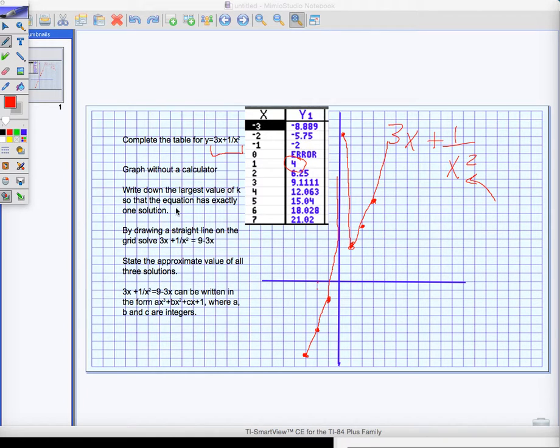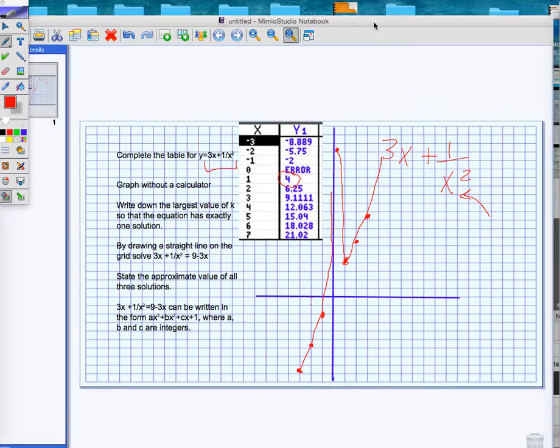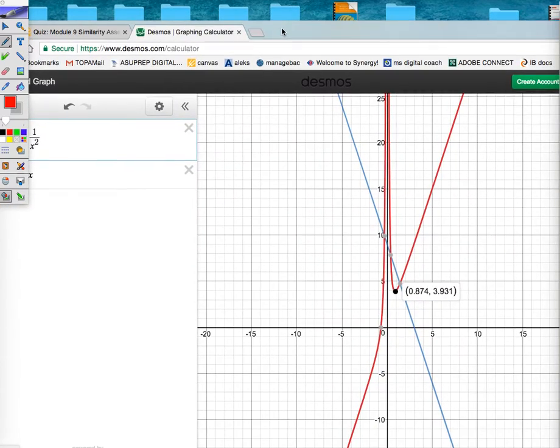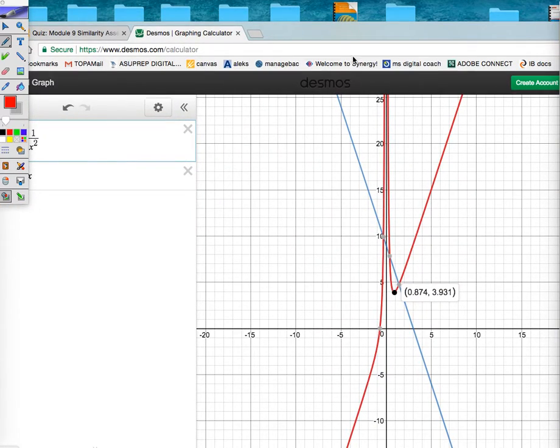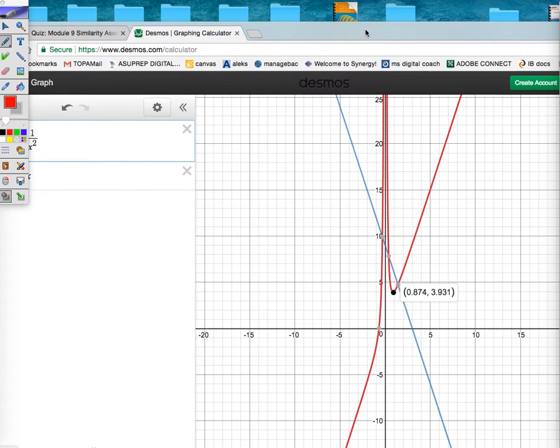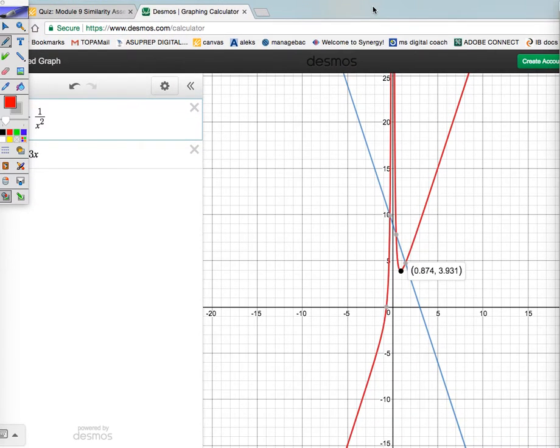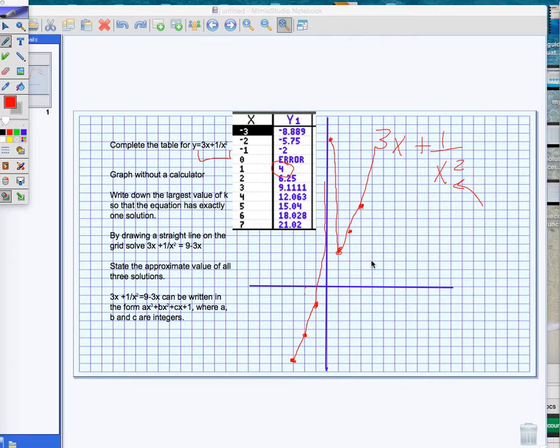So this question is saying write down the largest value of k so that the equation has exactly one solution. The question is asking us, when does 3x plus 1 over x squared equal k have only one solution, where k is a constant.